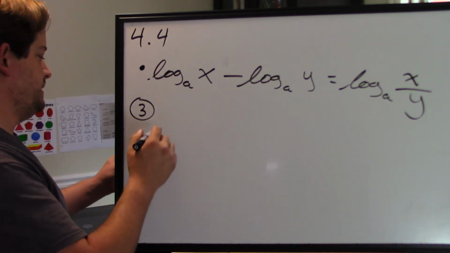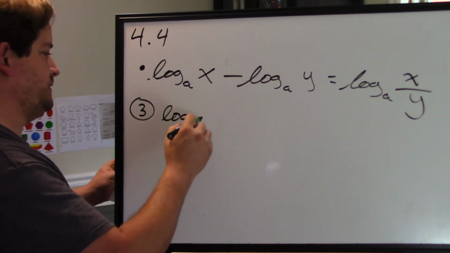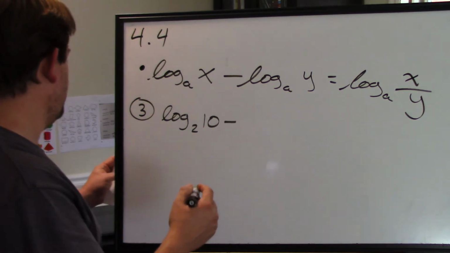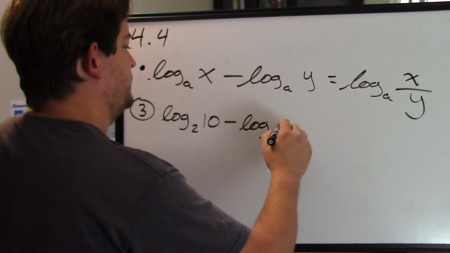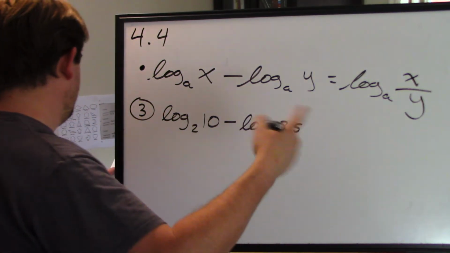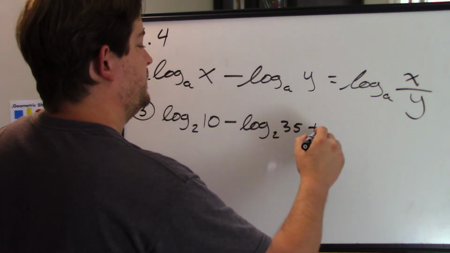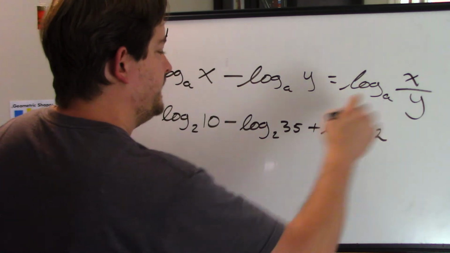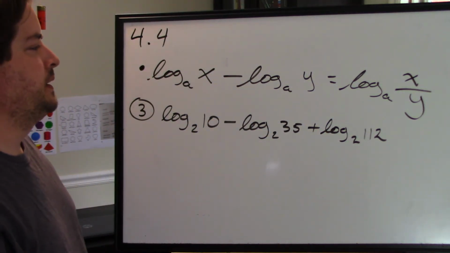Number 3 says evaluate the log base 2 of 10 minus log base 2 of 35, and then plus log base 2 of 112. And again, any one of these by themselves is going to give you an irrational number.